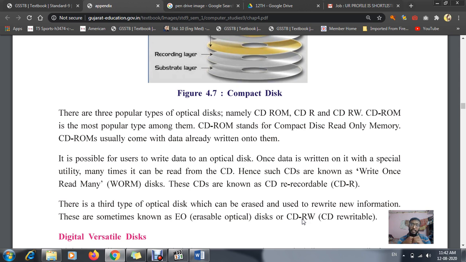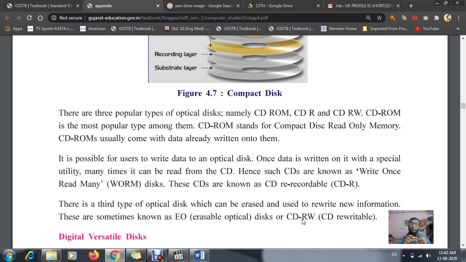The best example: outside, we have seen many stores that sell movies on CDs. Buy any movie on a CD, install it on your computer and try to delete that movie, and afterwards you won't be able to change it.